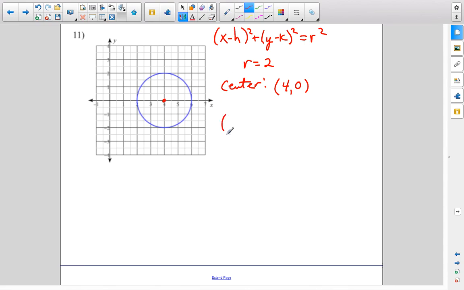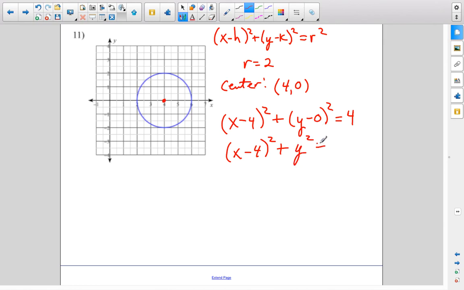So we've got x minus 4 squared plus y minus 0 squared equals our radius squared, or 2 times 2, which is 4. So if I simplify it, it looks like this. X minus 4 squared plus y minus 0 is y, so I could just write y squared equals 4.